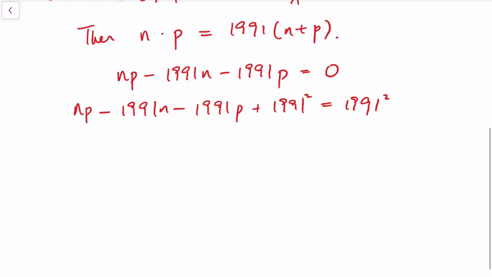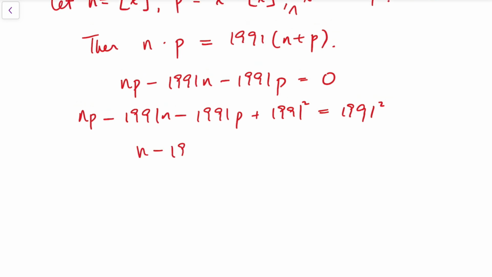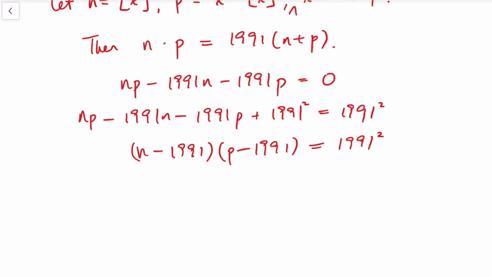And we can add 1991 squared on both sides so that the left side is factorizable, and then we can factorize, like this. Now at this point, my strategy would be to make p the subject, and make use of the fact that p is between 0 and 1, to find out the possible values of the integer n.